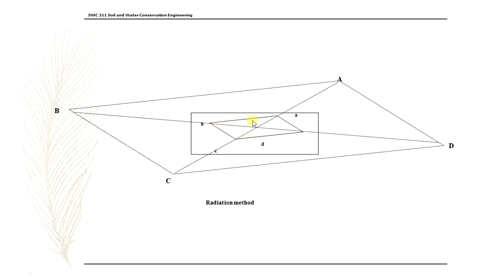We connect all these lines, and we have to measure the actual ground distance, that is AB, and compare with the small ab. Then we measure the distance BC, capital BC, and compare with the small bc distance. Next CD, we compare with small cd, and DA we compare with small da. This is the radiation method for fixing a single point location. We can achieve all the corner stations.